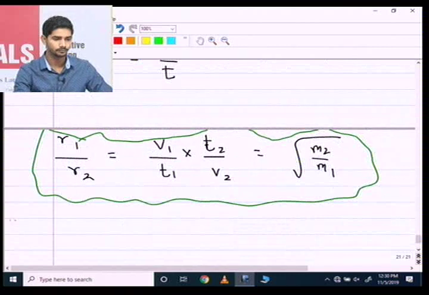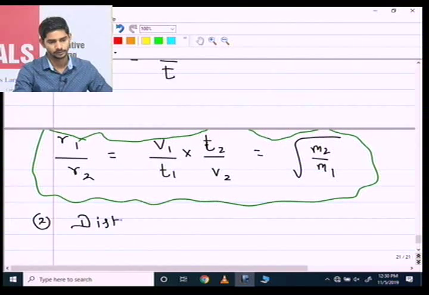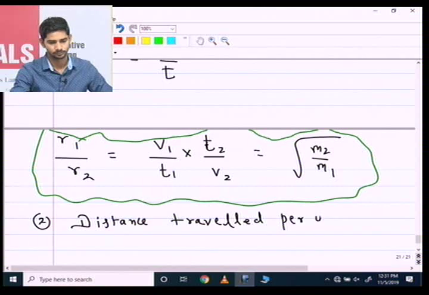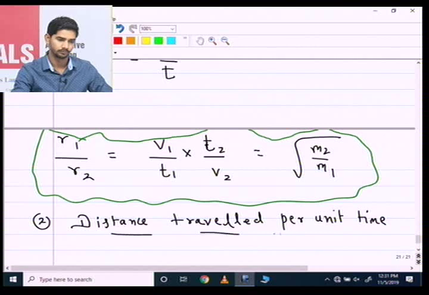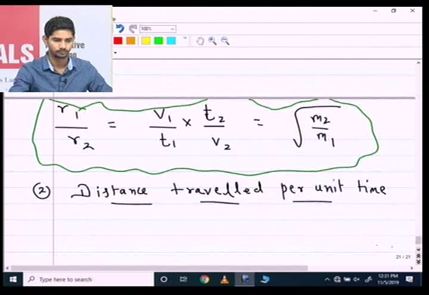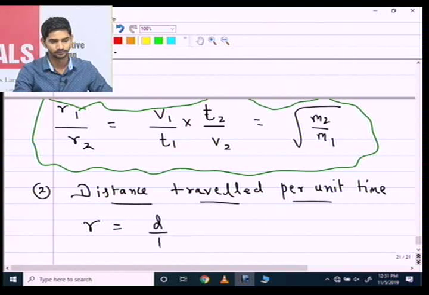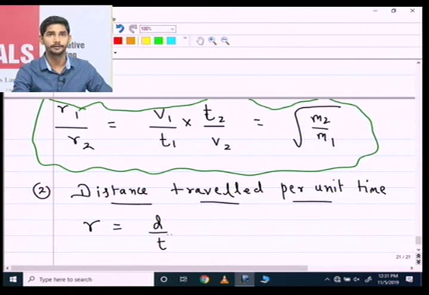Number 2, distance traveled per unit time. See, R would be d by t if I talk about the rate.